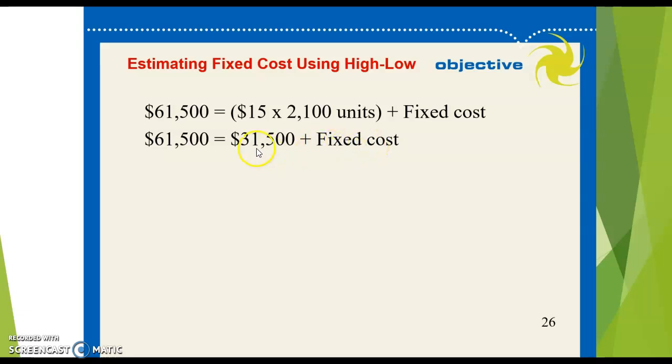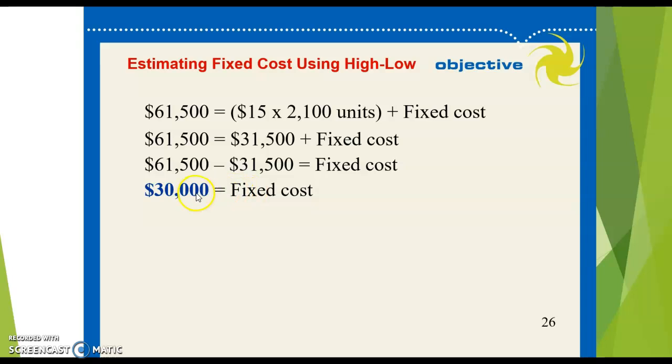We don't know what that is, but we're going to subtract the 31,500 from this side of the equation, and we'll subtract it again from the other side of the equation. So 61,500 minus the 31,500 is $30,000, and that's our fixed cost. We now know that our variable cost per unit is $15 and our fixed cost is $30,000.